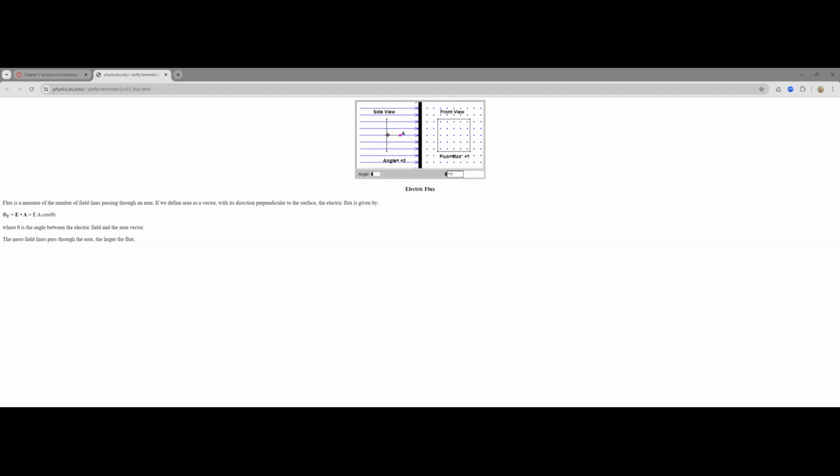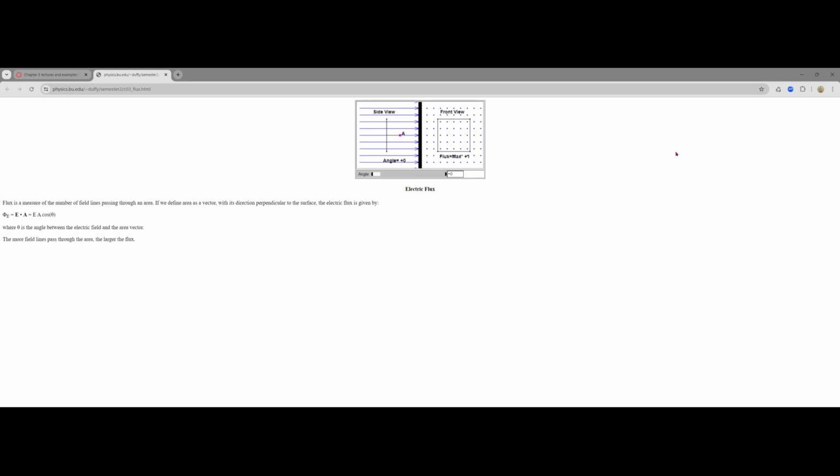And then you have a little tiny black line with a red dot that represents the area vector. And what you're seeing here is that if I have an angle of 0 degrees, then according to this, you have a maximal area, and that maximal area is then giving you maximum amount of flux. So if I count the dots, you could see this is 5 by 5, so there should be 25 field points.